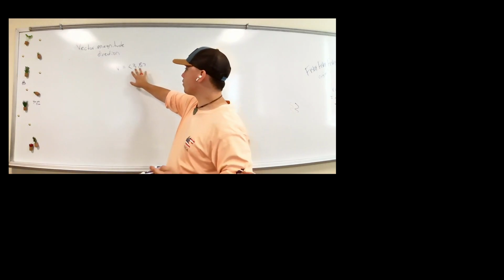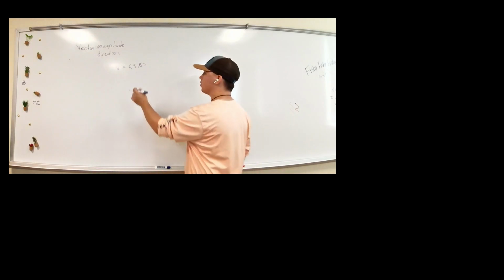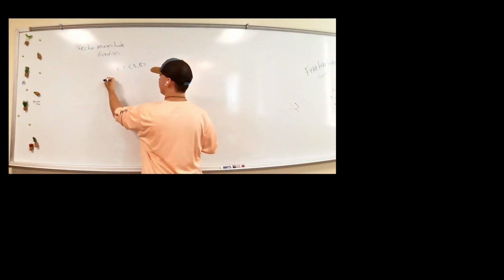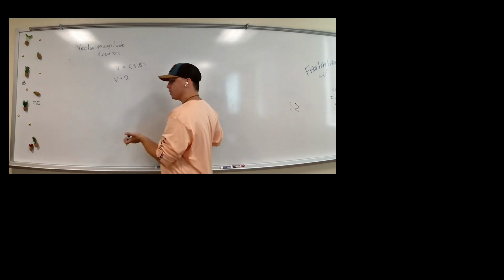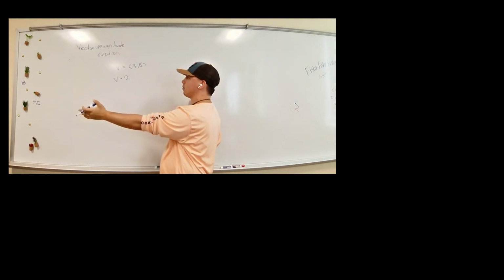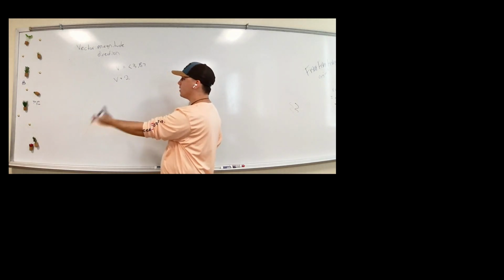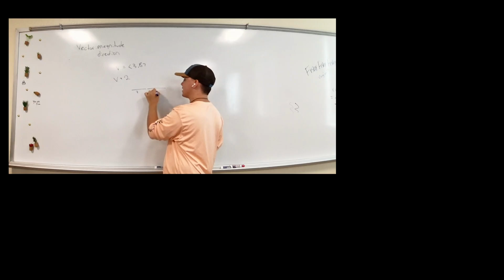So we have <3, 8>, and let's say I want to go twice as far. So vector times 2. Think about it in your head. If I'm going to do this vector twice, if I'm going to go in this direction for this distance twice, that means I'm not going to go 3, I'm going to go 6, another 3.